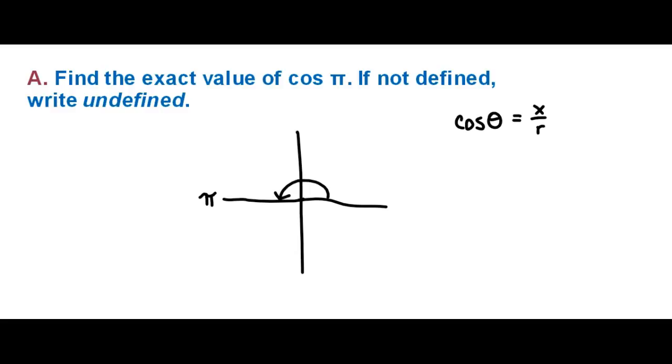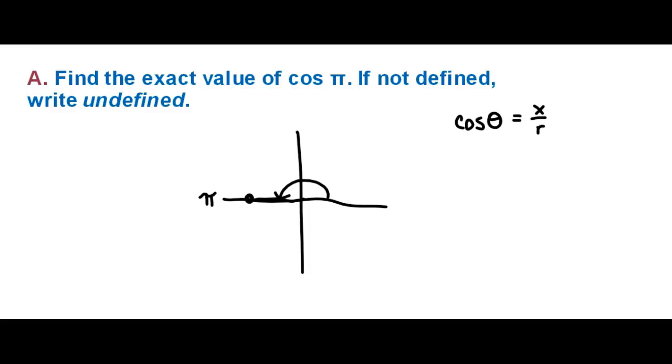Now, if we were to try to draw a right triangle along this, notice that the hypotenuse of my quote unquote right triangle is always going to be the same as the adjacent side. Only the hypotenuse is going to be a positive number, but my x value on the left is going to be negative.